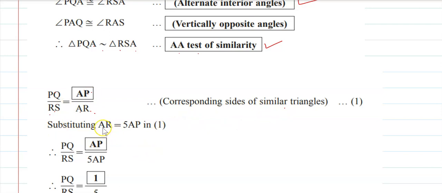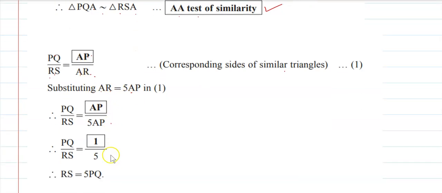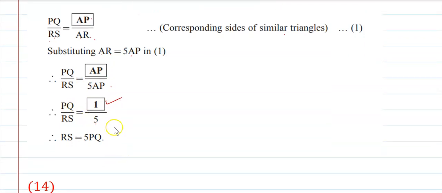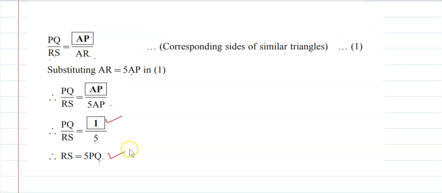Substituting AR is equal to 5 times AP, keep this as it is. This AP gets cancelled, you will get 1 upon 5. After cross multiplication, you will get 5 times PQ is equal to 1 times RS, which means RS is equal to 5 PQ.